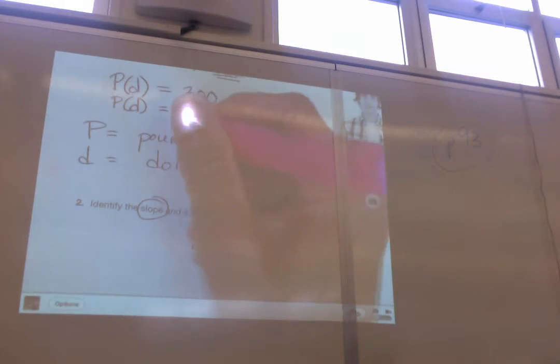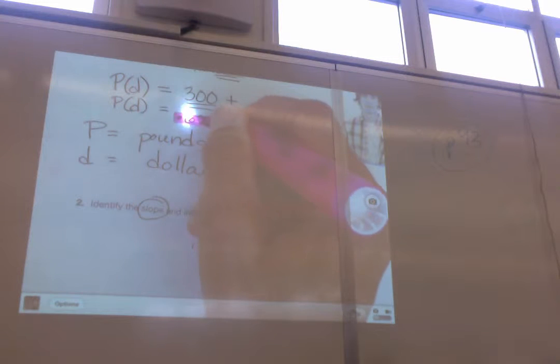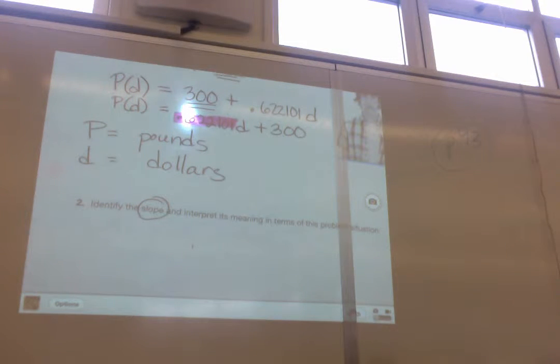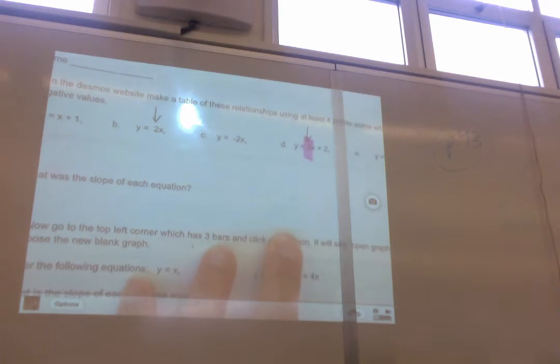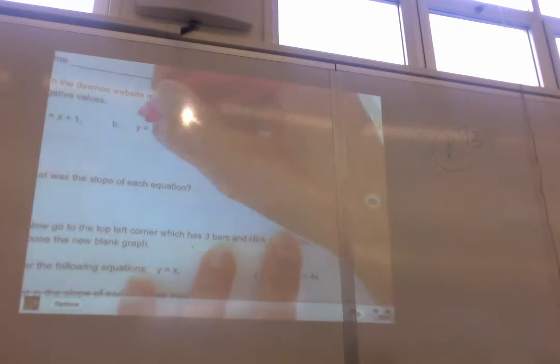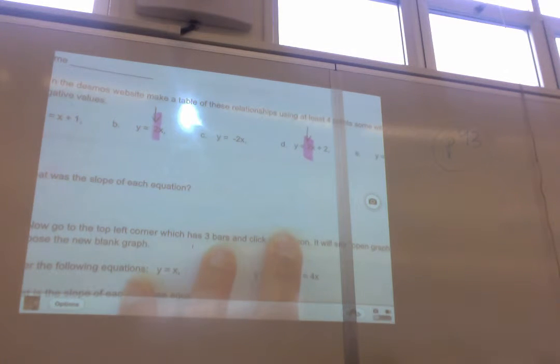0.62211. The number that's in front of a letter is 0.6220101. Now, I sure like it better when it's a 2. Gosh, 2, very easy to look at. I can understand what a 2 means. But guess what? Real life isn't simple.